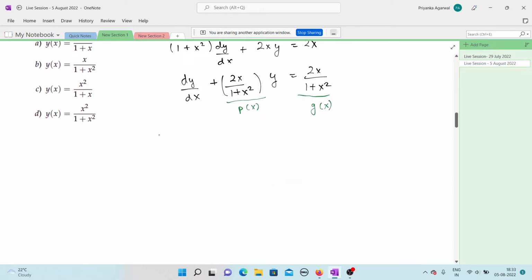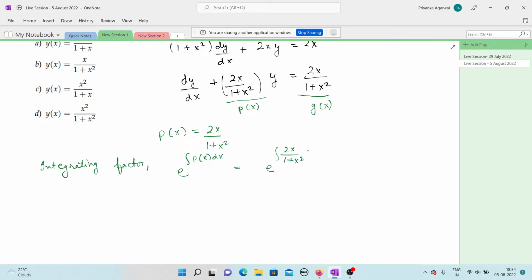So p(x) is 2x over 1 plus x square. So the integrating factor will be exponential to the power integral of p(x) dx. This will become the integral of 2x over 1 plus x square dx.